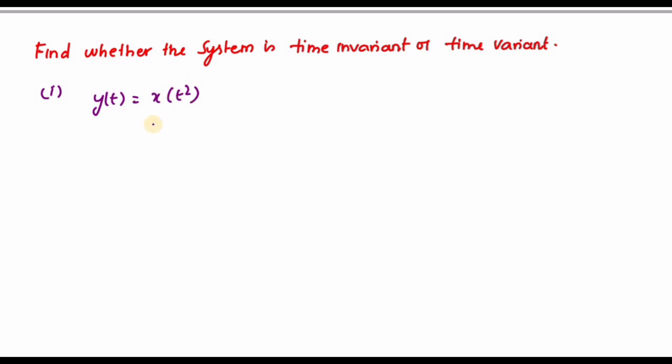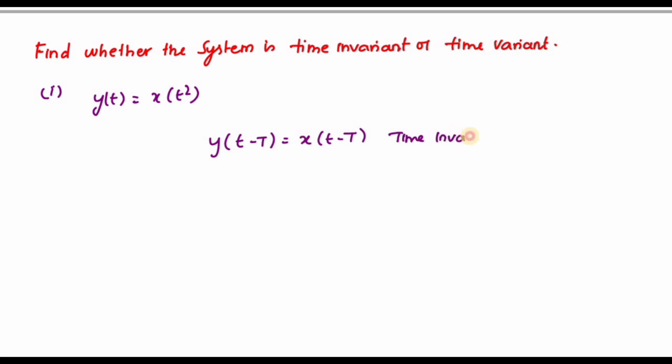What makes a system time invariant is that if I vary the output by T, the input also has to be varied by T. If this is the case, it is called time invariant.